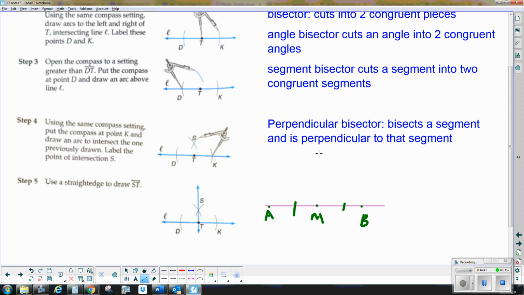If we have a perpendicular bisector, meaning it goes through the midpoint and it's perpendicular to the segment, any point on this, like this point right here, is going to be the same distance away from A as it is from B. This point right here, same distance away from A as it is from B. Okay, and you could do that with any point here. It's the same distance away from A as it is from B.